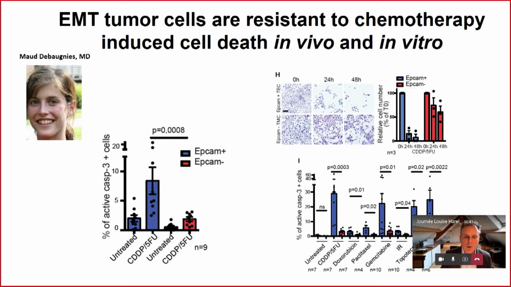So in addition to being important for metastasis, EMT is very important to mediate resistance to therapy. And in our model, when you treat these mice with cisplatin 5-FU, the standard chemotherapy given to squamous cell carcinoma, you see that the epithelial part of the tumor in blue here are very sensitive to chemotherapy, and they die within 24 hours after you give cisplatin 5-FU, whereas the red one, the EpCAM negative tumor cells, are highly resistant.